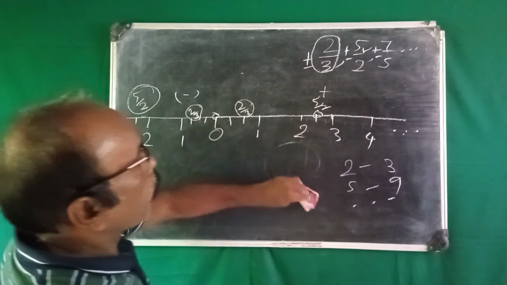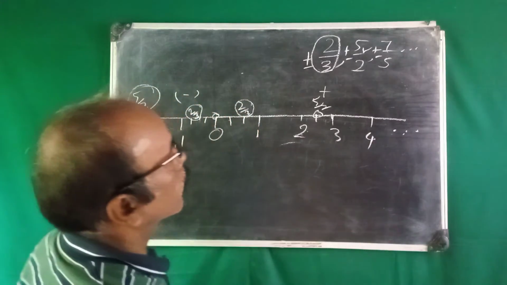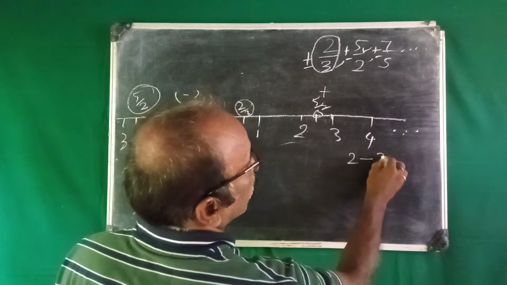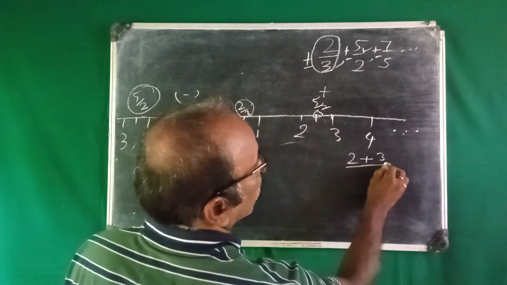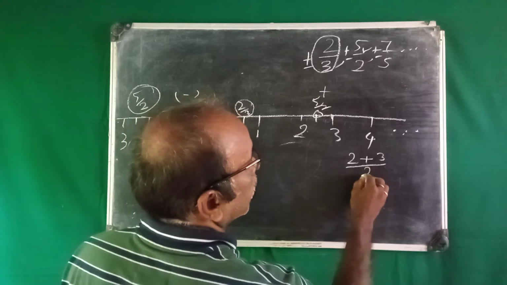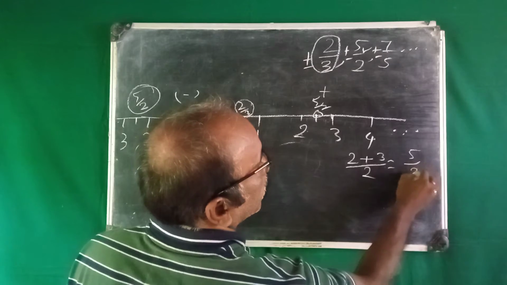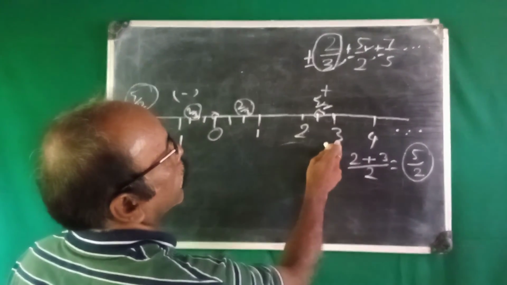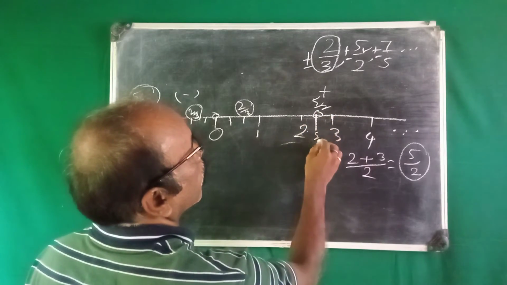We first calculate these rational numbers between 2 and 3. Between 2 and 3, we first take the middle by dividing by 2. Then 5/2 is the middle point, the first rational number between 2 and 3. This is the first rational number, 5/2.